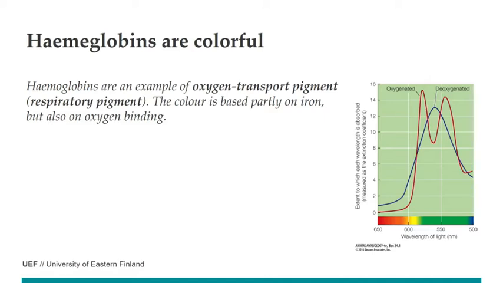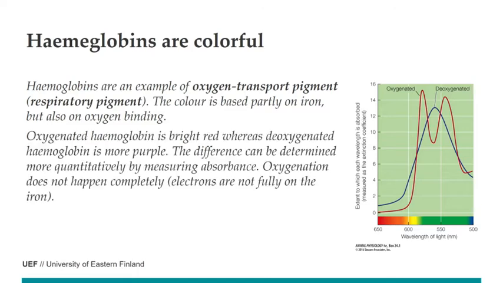Quite often we also think that the color is because there's iron, so there's red color. But actually it's the oxygen binding affecting it. If we have oxygen binding, then it's bright red. But if there is no oxygen, it's purple.